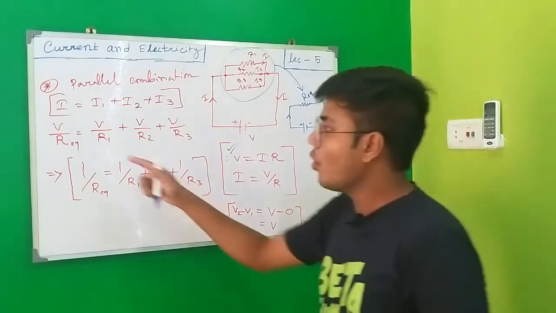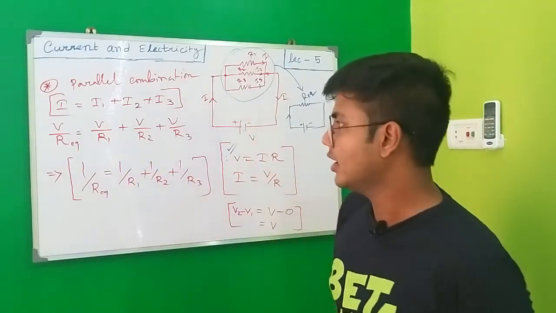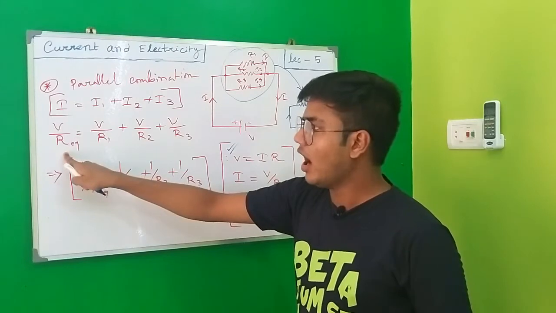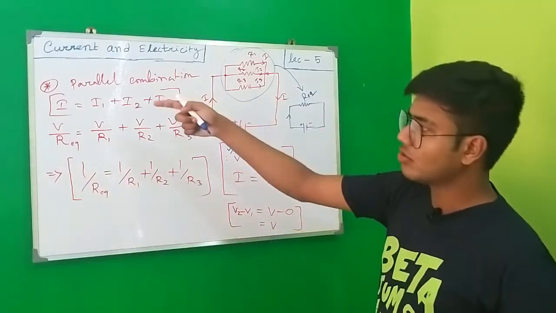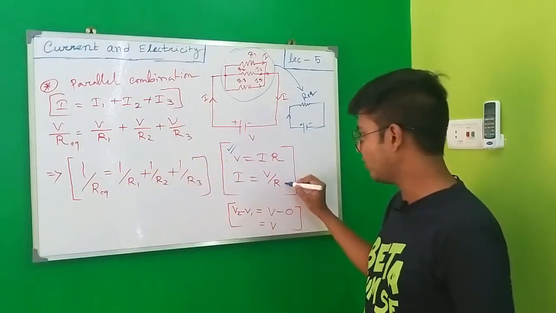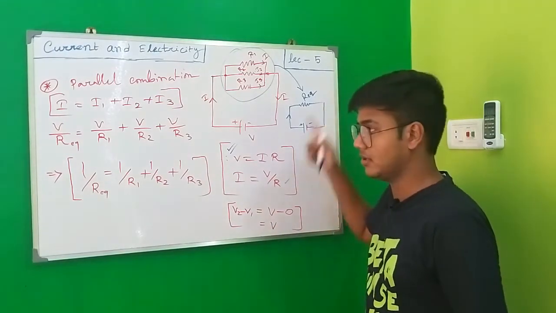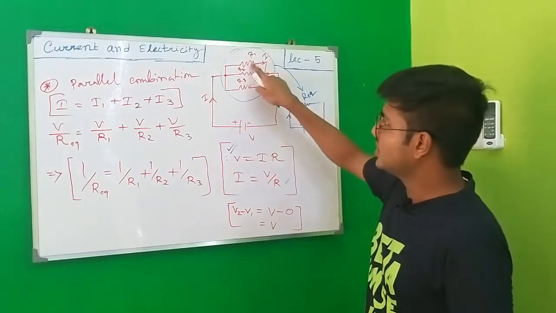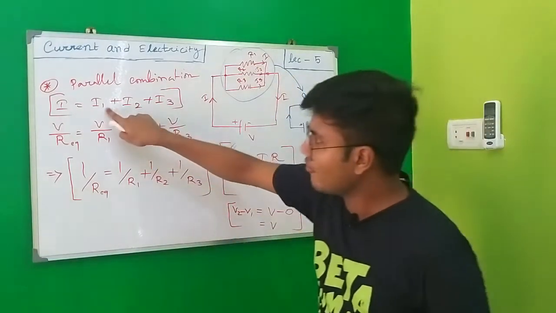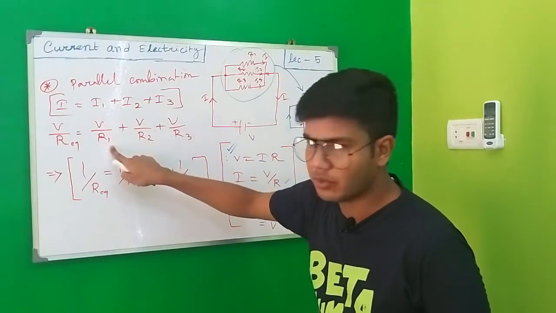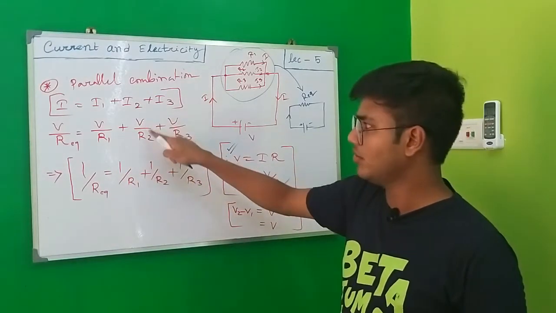Okay. So in this case, as you can see, I equal to V by Req. That is following this relation where the resistance is now R equivalent. For the first resistance, instead of I1, I am putting V by R1. Similarly, instead of I2, V by R2.